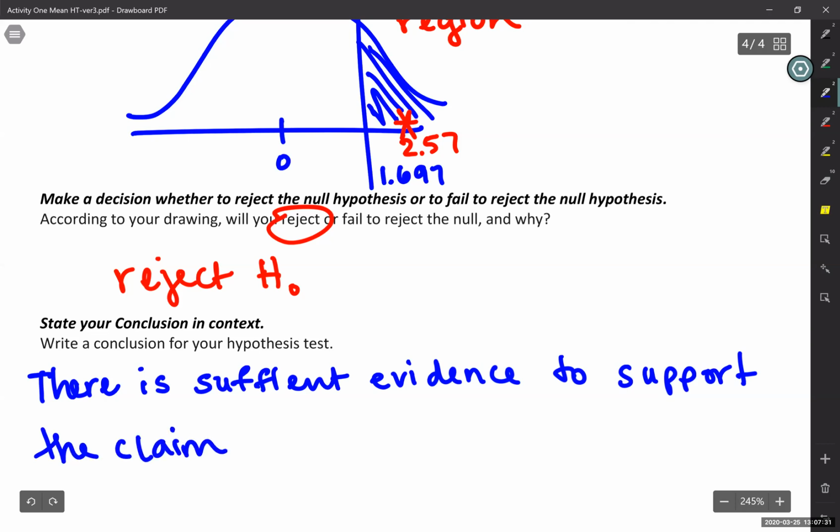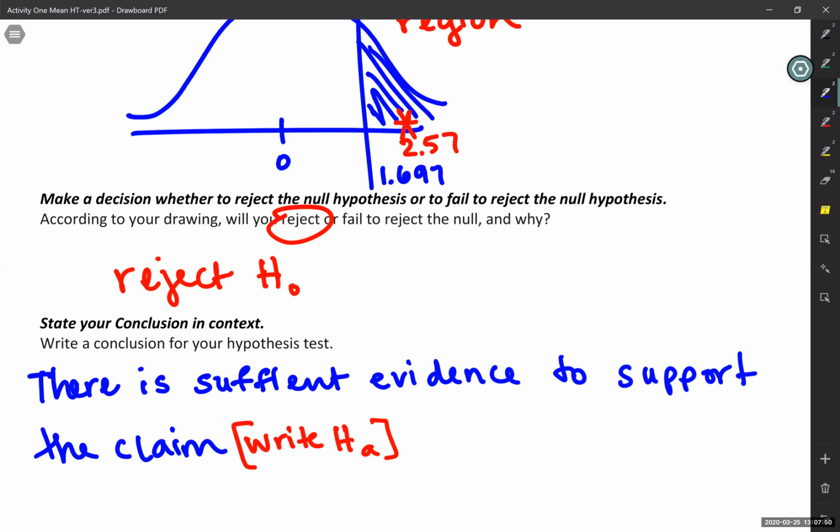And then what we're going to do is, I'm writing this in red because I don't want you to literally write this, but we are going to write the alternative, because that is our claim. The claim is the alternative. So don't actually write that, you want to write the alternative. We're just going to actually write out the alternative.